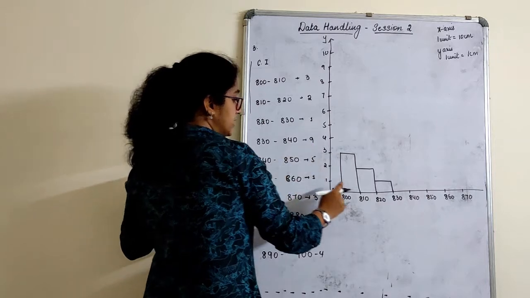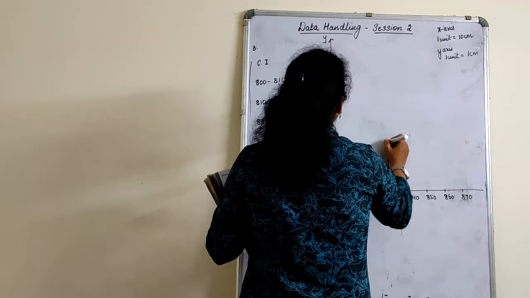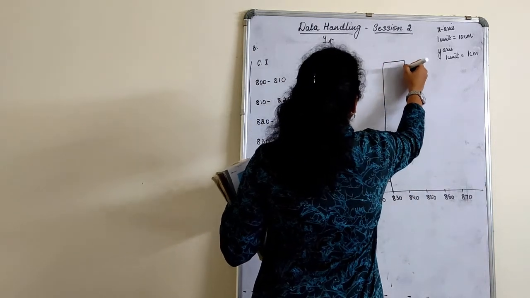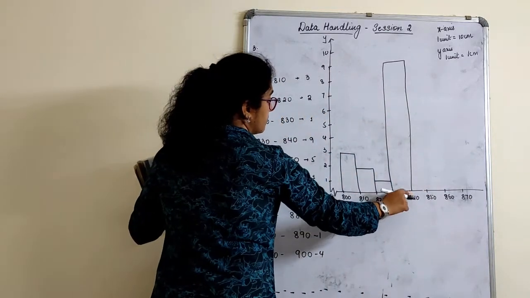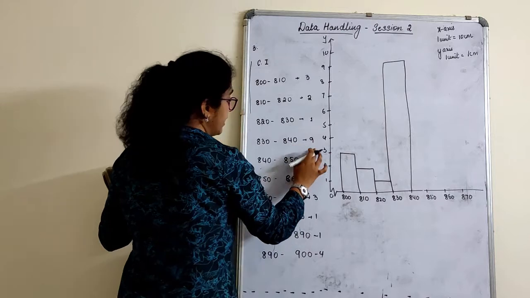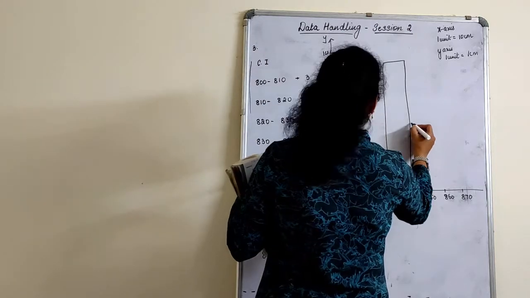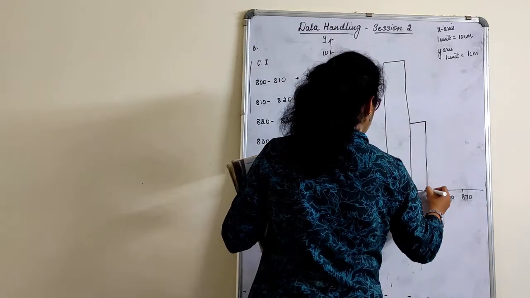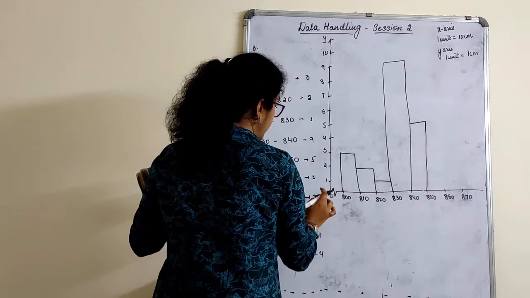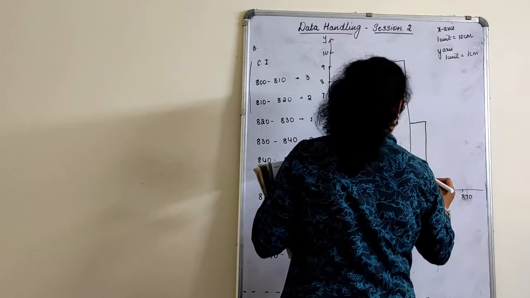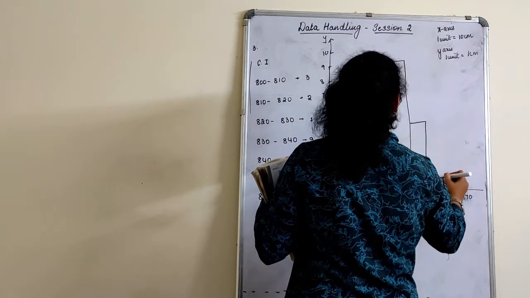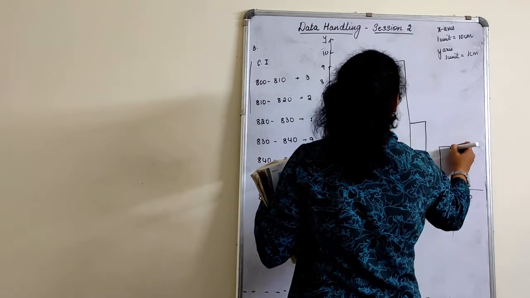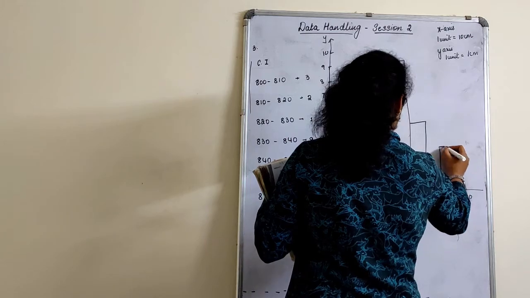Then we have 9: 830 to 840 is 9. Then we have 5. Then we have 1. Then we have 3. And 4.